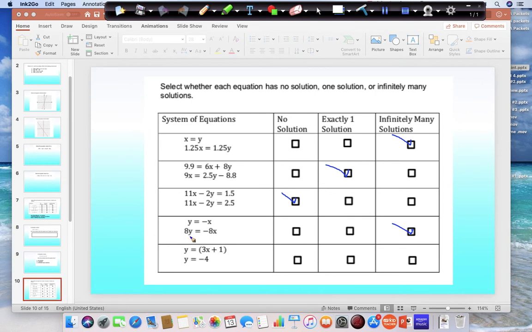And you can make sure that they're the same by dividing both sides here by 8. And so y is going to equal negative 8 divided by 8, which is negative 1x. And negative 1x is the same thing as negative x. So these two are exactly the same, which will be infinitely many. And the next two are completely different, so it is going to be exactly one solution.